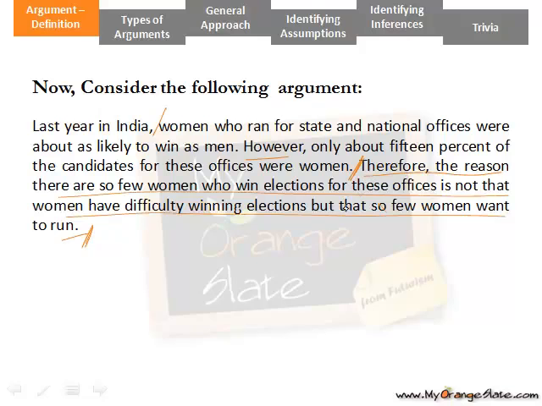Now this particular statement passes a judgment that so few women want to run. So that is the conclusion of the argument, that few women want to run for the state and national offices.